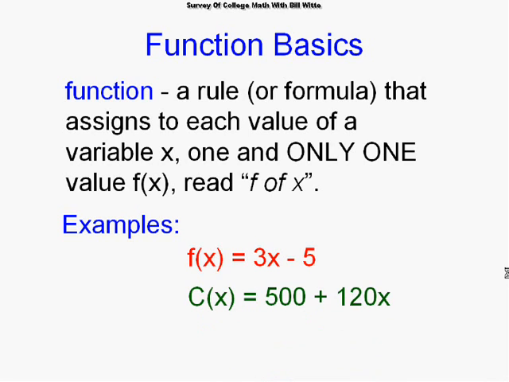We may have a cost function, c of x, that equals 500 plus 120x. Or another function, g of, in this case, n. Now, why do we have these? Why don't we just say y and x? Well, this way you're not going to have to have a red function, a green function, and a purple function. We're going to have something that differentiates one from the other.